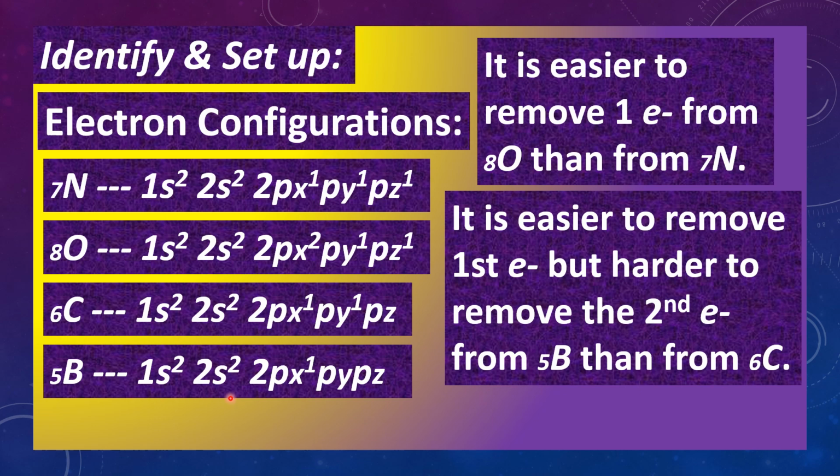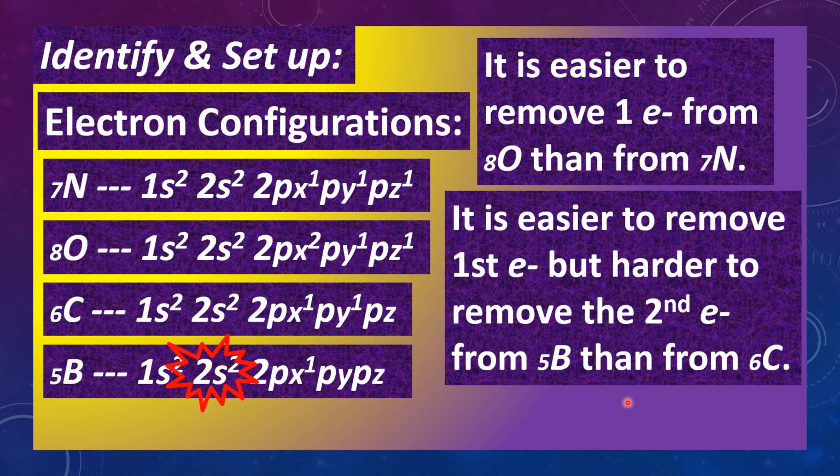In the case of boron, with two p orbitals empty, removing that electron from the px orbital is much easier to do, compared to removing that one electron from the 2py orbital in carbon, because of the presence of one p orbital that is half filled with an electron.